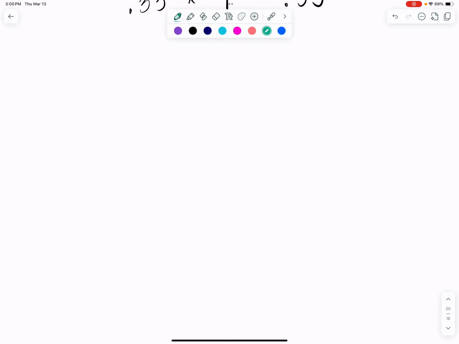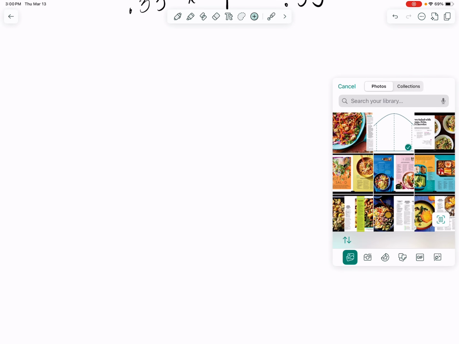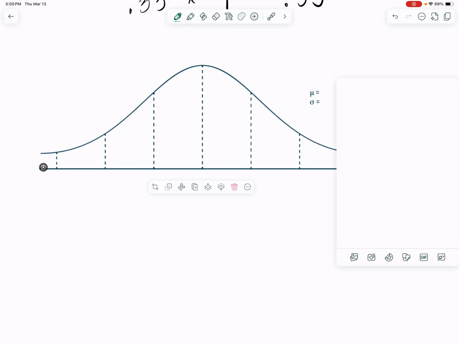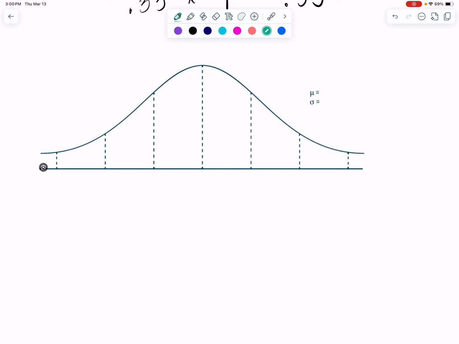If you want to do another one, we can make up another one real fast. Maybe let's do one on the opposite side. Let's do the 60th percentile.